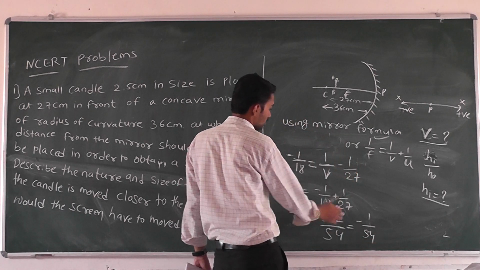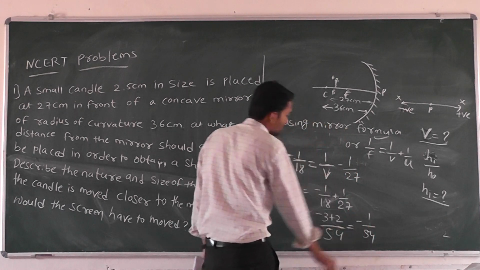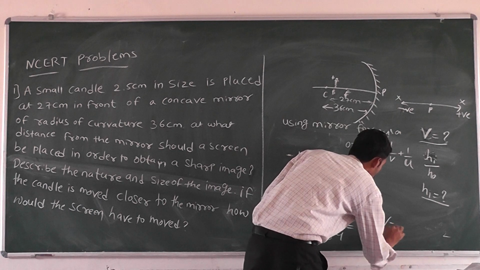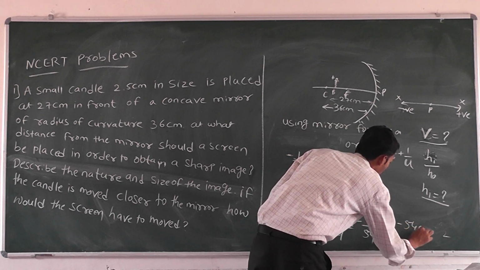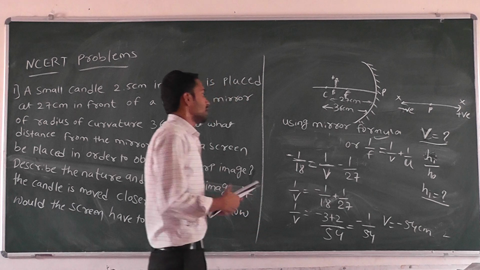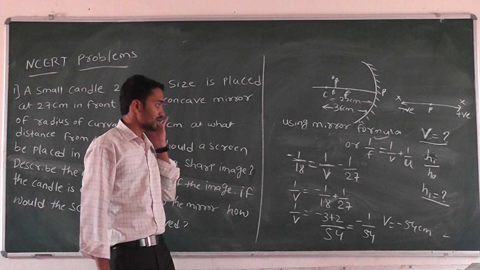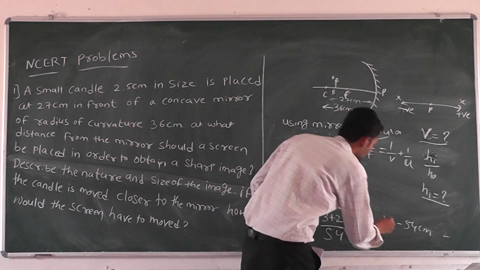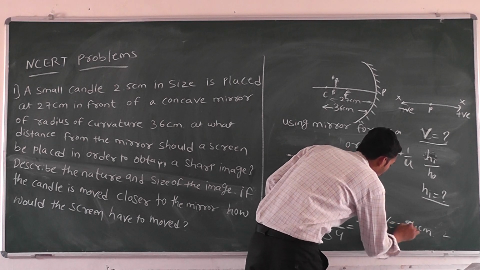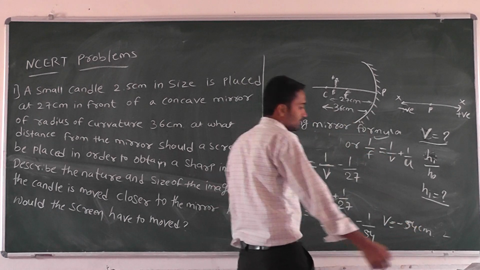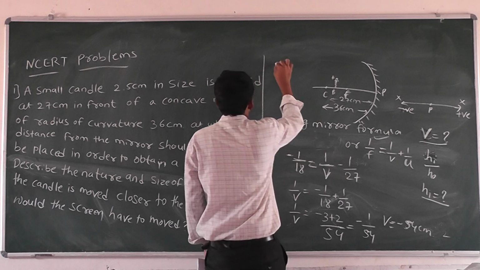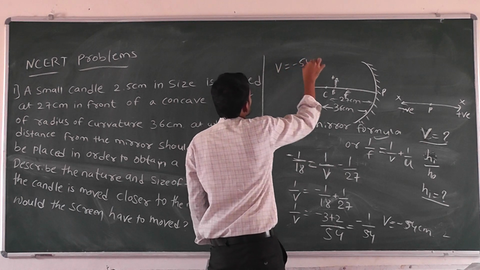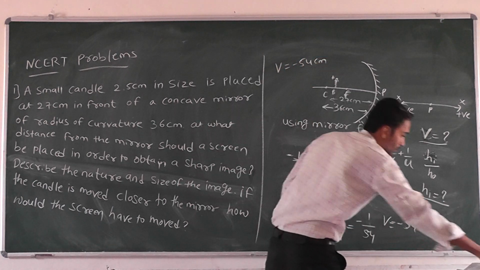So 1 by v is equal to minus 1 by 54, so v is equal to minus 54 centimeter. V means the image distance. So v is equal to minus 54 centimeter.